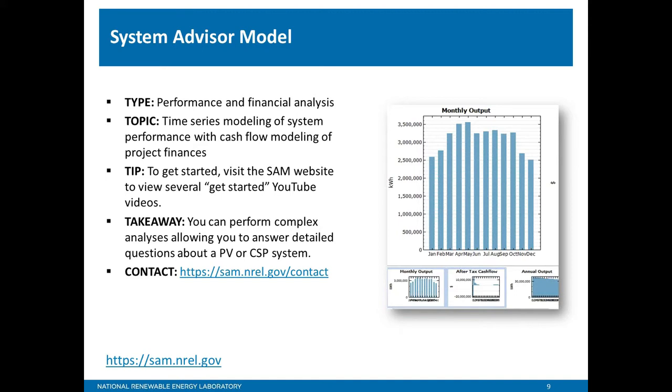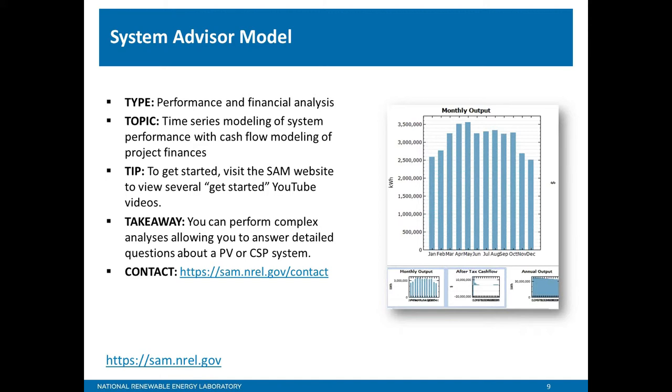It has 12 performance models that run the gamut of solar electric technologies, including both PV and CSP. And its 8 financial models cover the range from single owner systems to more complex multi-partner financial structures.